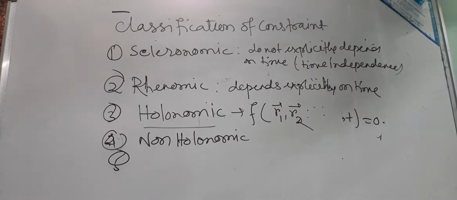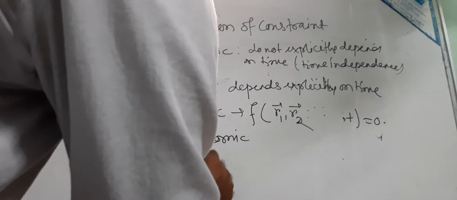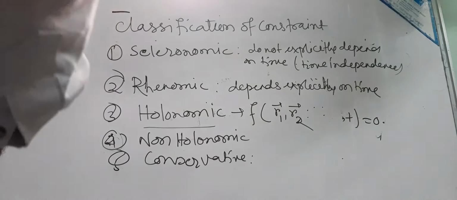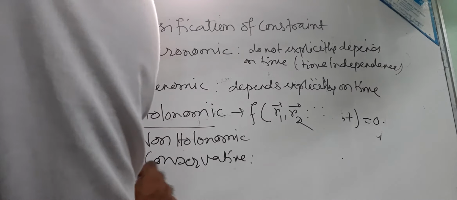Number 5 is conservative. If the total mechanical energy is conserved during the constrained motion, then it is said to be conservative. Otherwise, it will be dissipative.